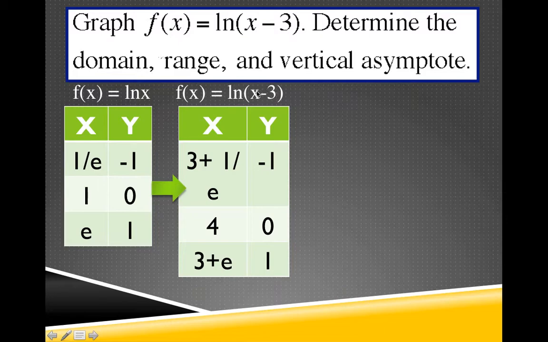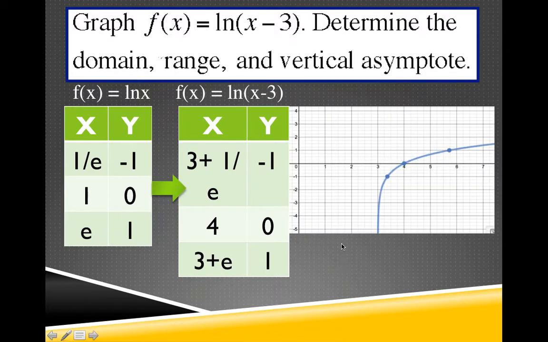We know that this 3 right here means that we're going to add 3 to all of our x's. So we're going to say 3 plus 1 over e, 3 plus 1, which is 4, and 3 plus e. The y's remain unchanged. 1 over e, if you go to your calculator, is about 0.4, and then 3 plus 0.4 is like 3.4.